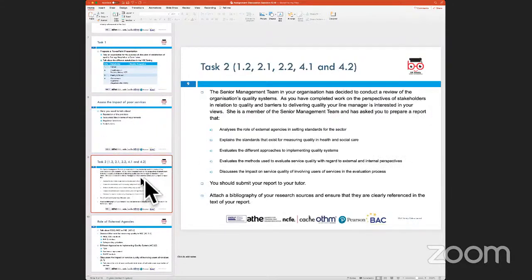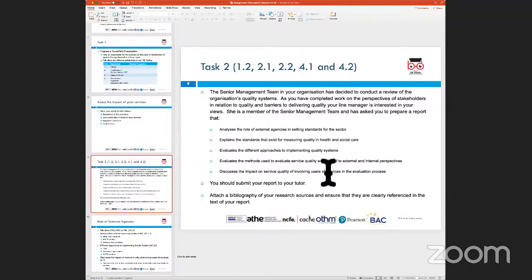Now, going to task 2, here there are a couple of assessment criteria. It basically has all these assessment criteria here. So what the assignment brief is now saying is that you have gone ahead and made the presentation, which was a document required for the senior management. Now, with that document that you presented, the senior management team in that organization, say for example within your hospital, has now decided to conduct a review of the organization's quality system.